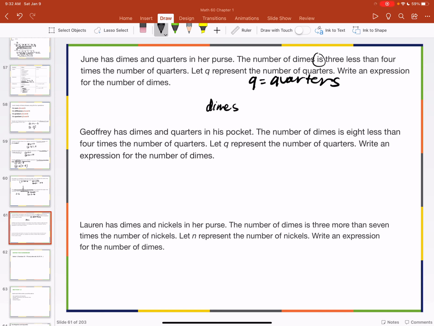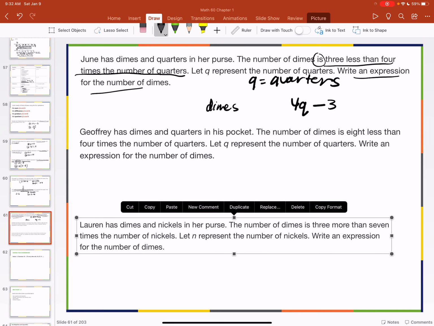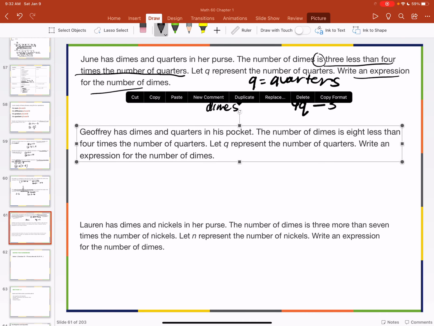In this case, because it asks you for an expression, you don't write the equal sign. You would just say, 3 less than 4 times the number of quarters. So that's 4Q minus 3, okay? But if you do your homework and you write D equals, or dimes equals 4Q minus 3 like that, I'm fine with that.